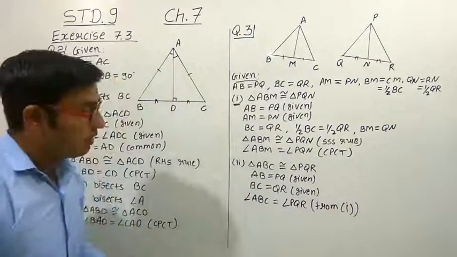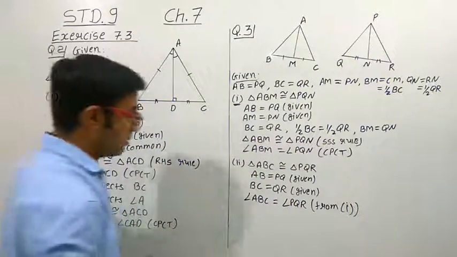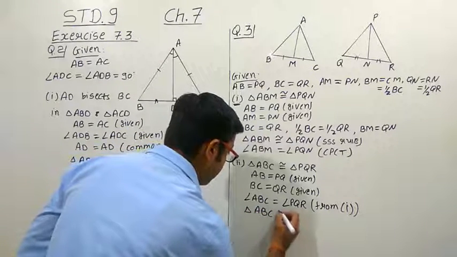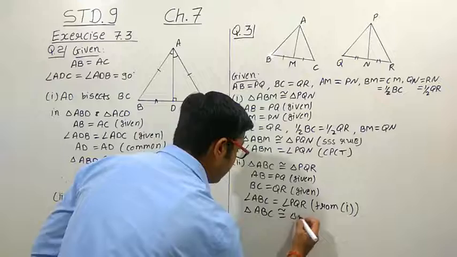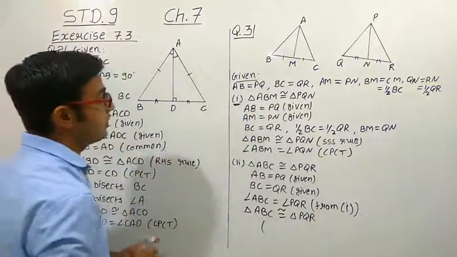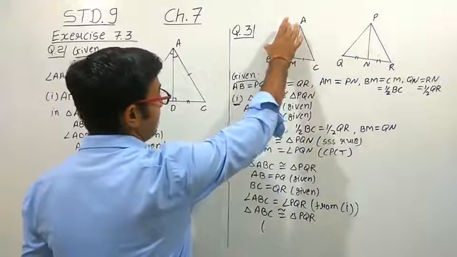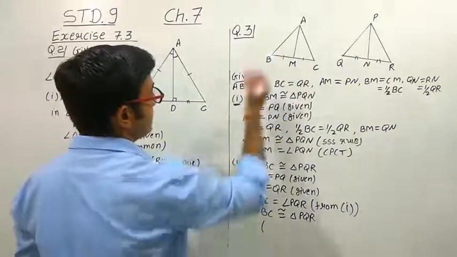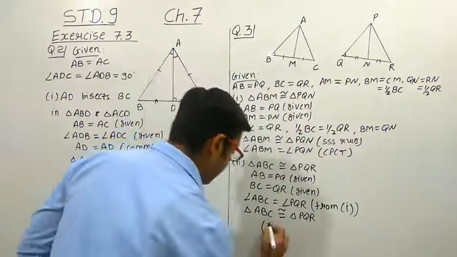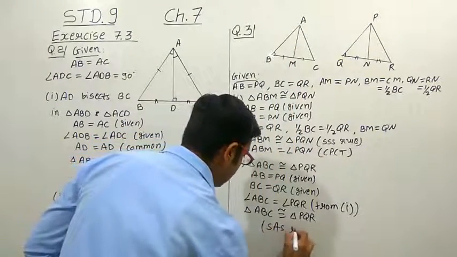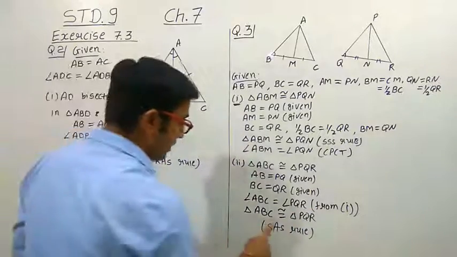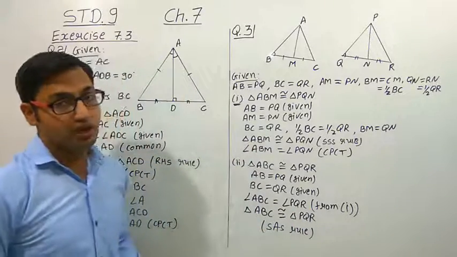This will now be our third condition. So now we can write that triangle ABC is congruent to triangle PQR. By which rule? One side is AB, the second is BC, and this is the included angle. So this is the side angle side rule. By the SAS rule, we can now prove that ABC is congruent to triangle PQR.